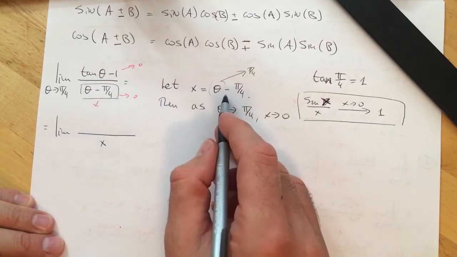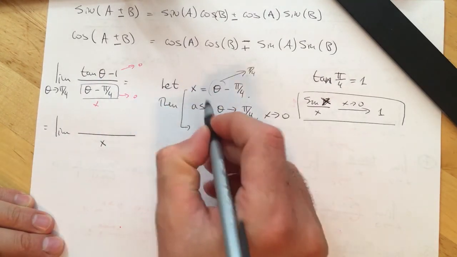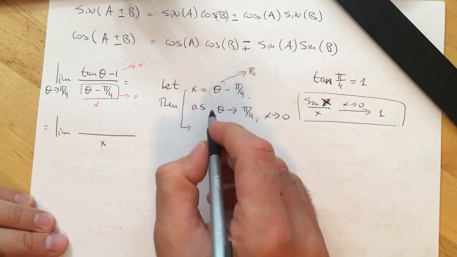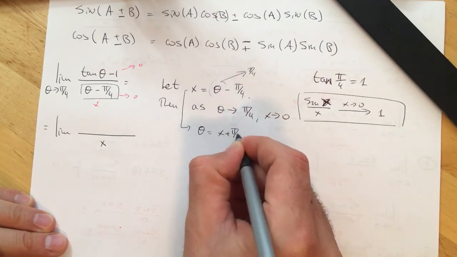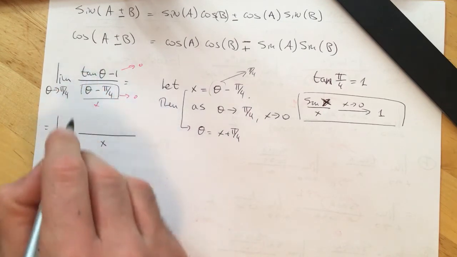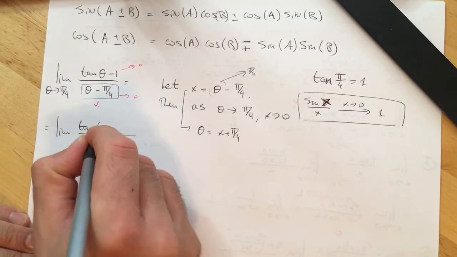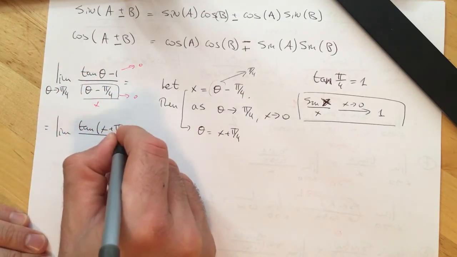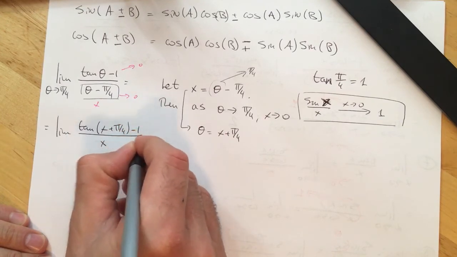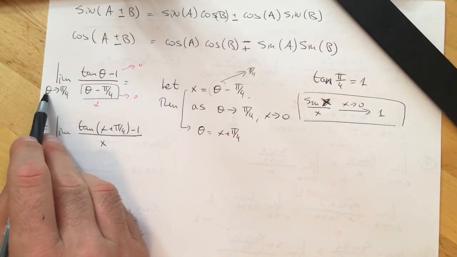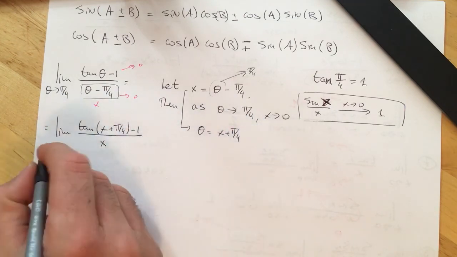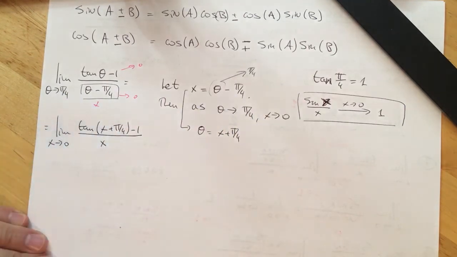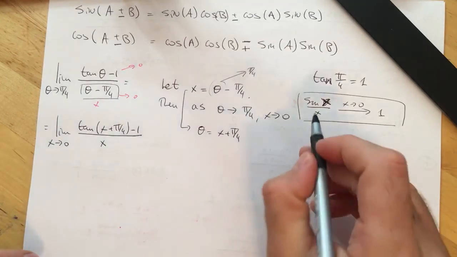Then the question is, how much is theta, right? From here, if x is equal to theta minus pi over 4, then theta is equal to x plus pi over 4. So I can rewrite tangent of x plus pi over 4 minus 1. And then, as I said, as theta goes to pi over 4, x will approach 0. Okay? So now I got something closer to what I want.